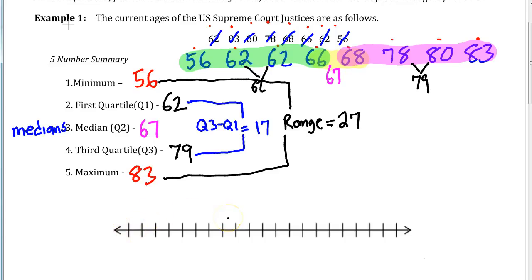If not, then you need to count by twos. And if the numbers are really big, you might need to count by five. That's going to change from problem to problem, depending on how far apart the min and the max are. The range will help you out there. If we know they're 27 apart, you just have to count these marks, and if there's 27 of them, then you know they'll fit. If there's fewer than 27, it won't fit by counting by ones. So the range will help you figure out the scale here.